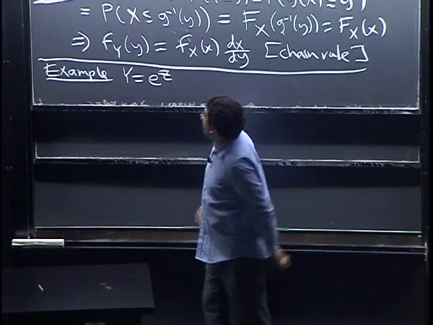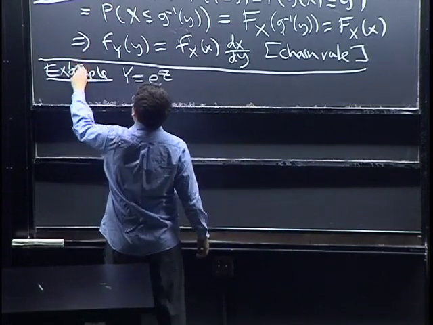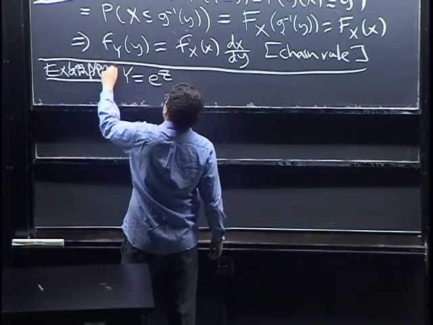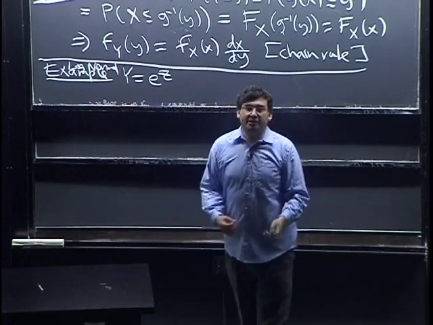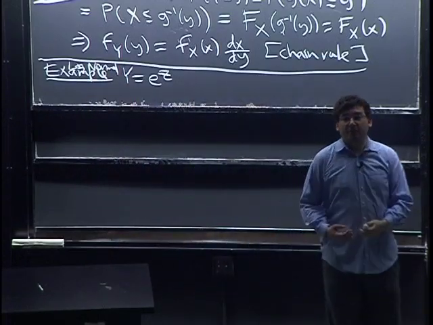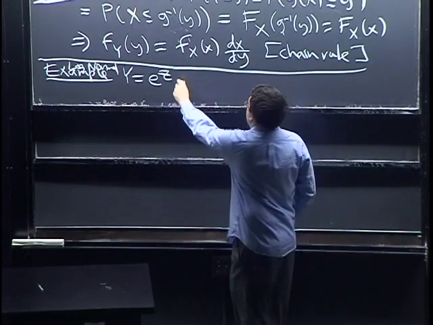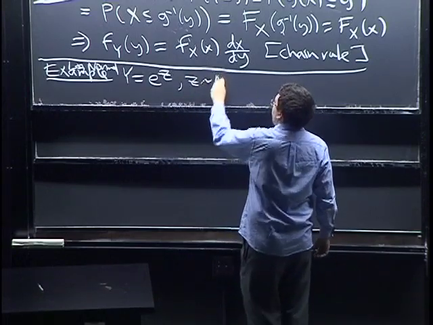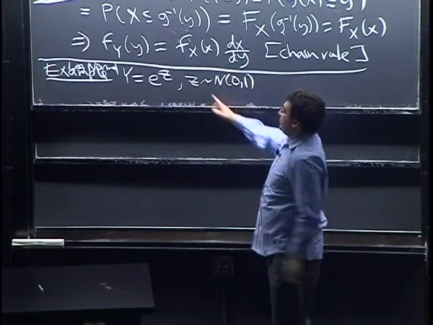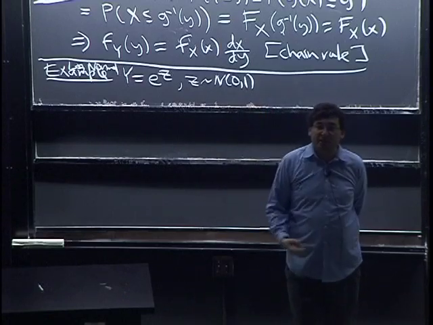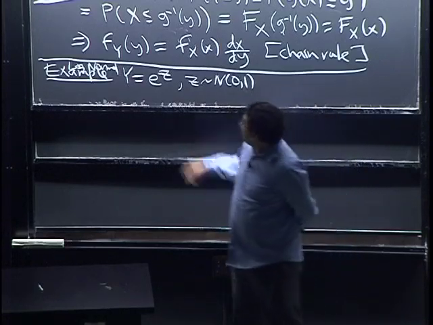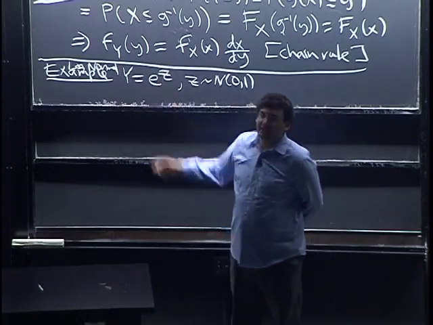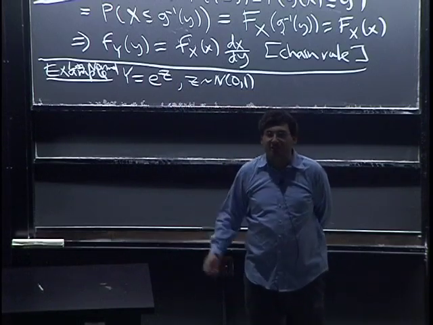LogNormal means that the log is normal, not log of a normal. So z is standard normal here. More generally, you could let z be normal mu sigma squared, but let's just do the standard normal case first. So if I take the log of this, I'll get z, which is normal. So that's why it's called LogNormal.